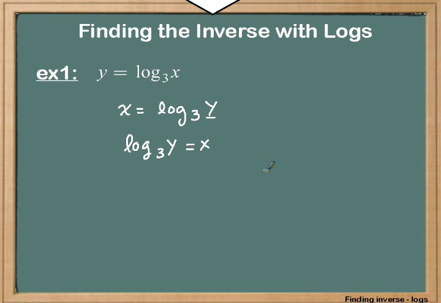And maybe visually you can see now what we have to do here. Do you happen to know? We have to rewrite. And when we rewrite this, we won't have the log anymore, and we'll be able to simplify it such that we would have the base 3 to the exponent x equals y. And that is how we find the inverse of logs. This is our answer.